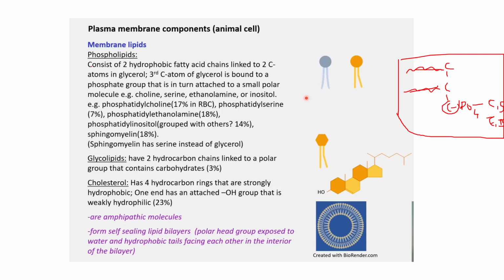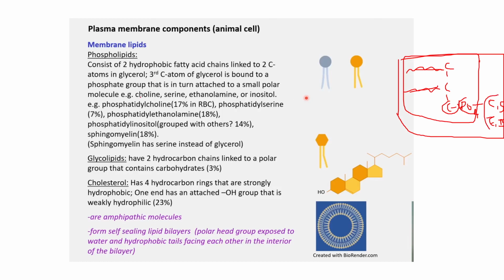When we talk about phospholipid, this part is common: the glycerol subunit as well as the attached phosphate group. That is why it is called phospholipid, because the phosphate group is attached over here. The change is in the polar uncharged molecule attached to the glycerol moiety.